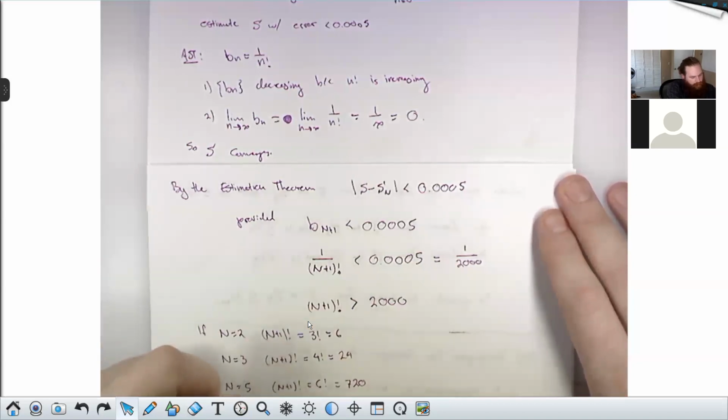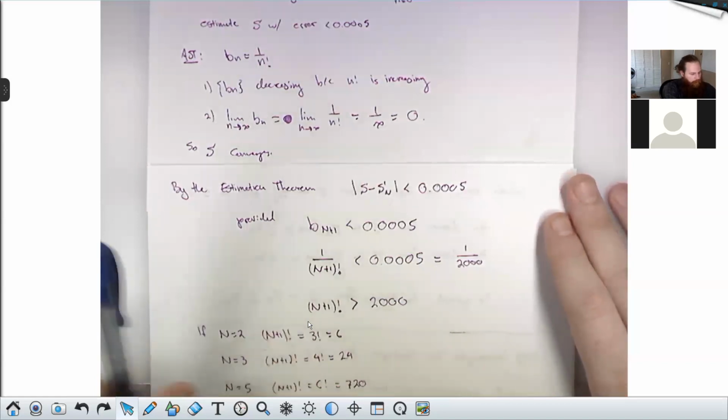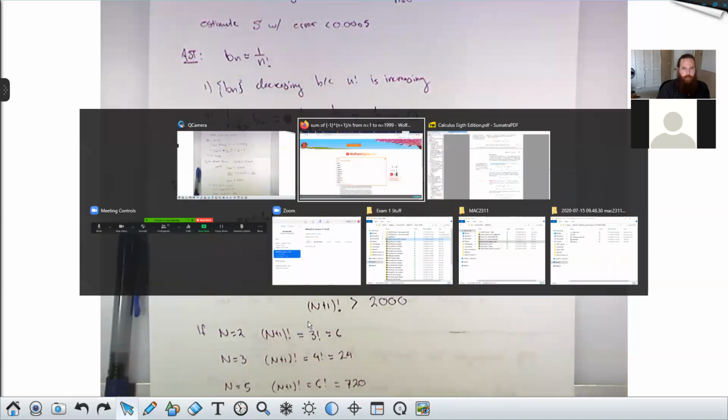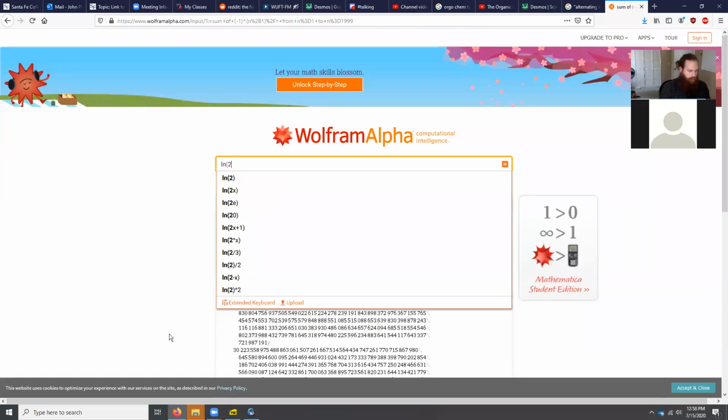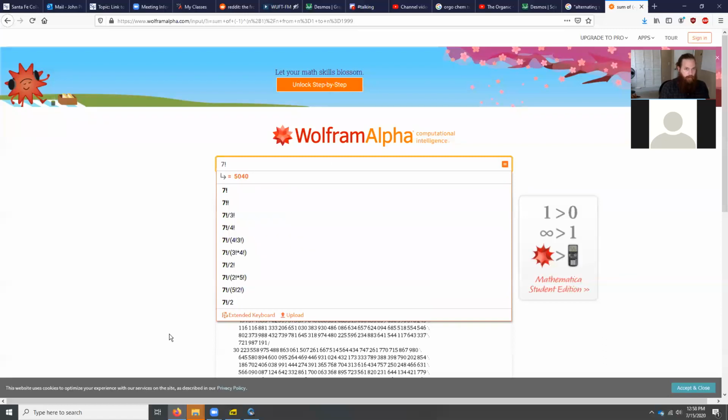If n is 6, then n plus 1 factorial is 7 factorial, which should do it. What is 7 factorial? 5040, which is bigger than 2000.